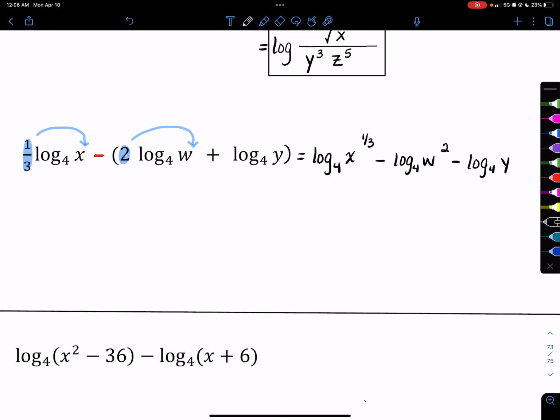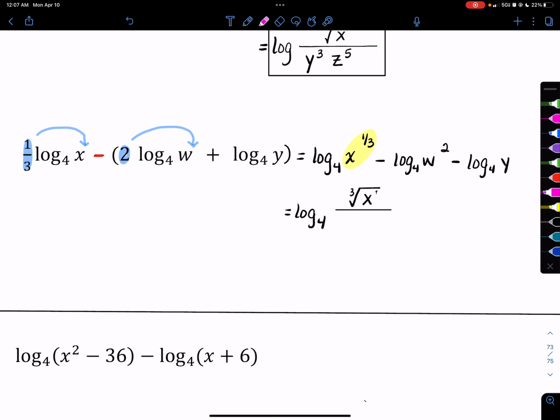They all have log base 4. So I have log base 4 written only once because we are condensing it. There's some positive terms and some negative terms, so I know I'm going to have a fraction. X to the 1/3 is part of a positive log term, so that's going to go in the numerator. And I'm going to write it as a radical, the third root of x.